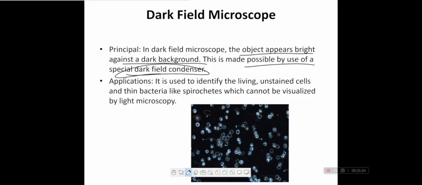It is used to identify living unstained cells and thin bacteria, like spirochetes, which cannot be visualized by light microscopy. Clear?